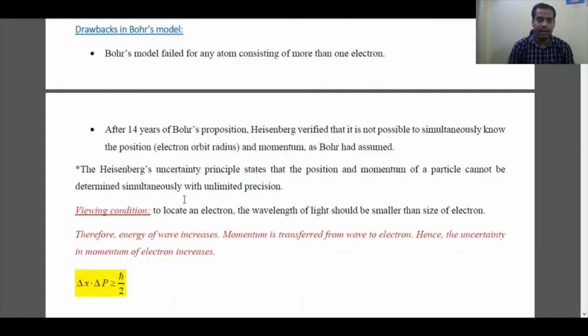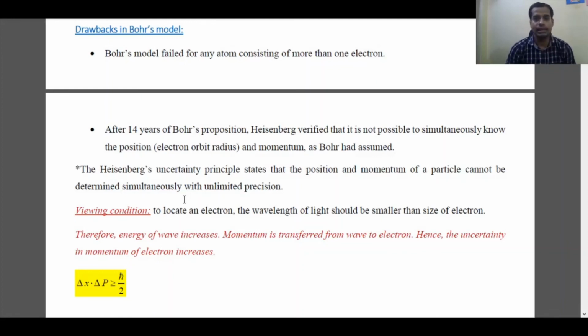If the wavelength is larger than the ball, then I will not be able to see it. When the wavelength is smaller than the size of the object, then only I will be able to see it.